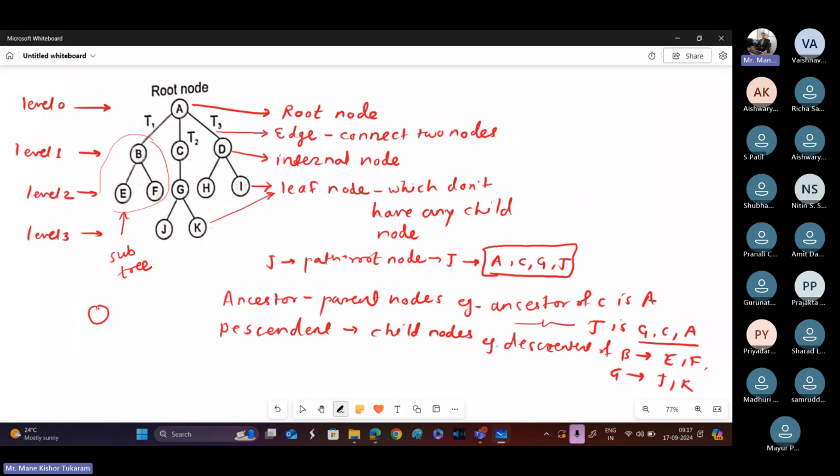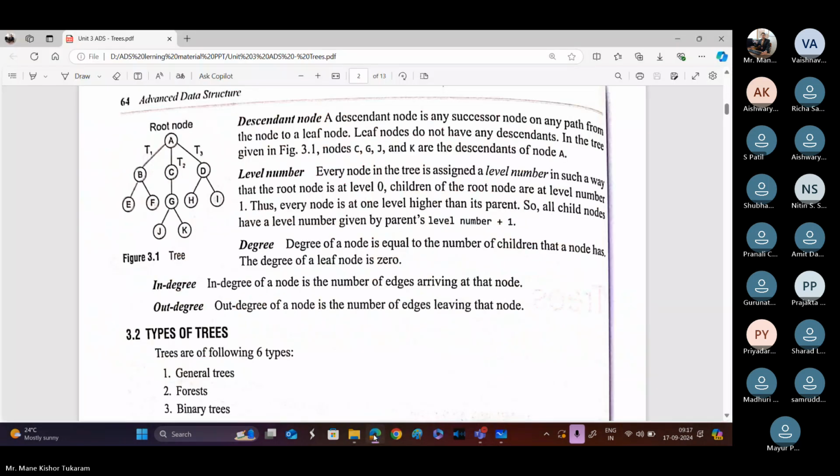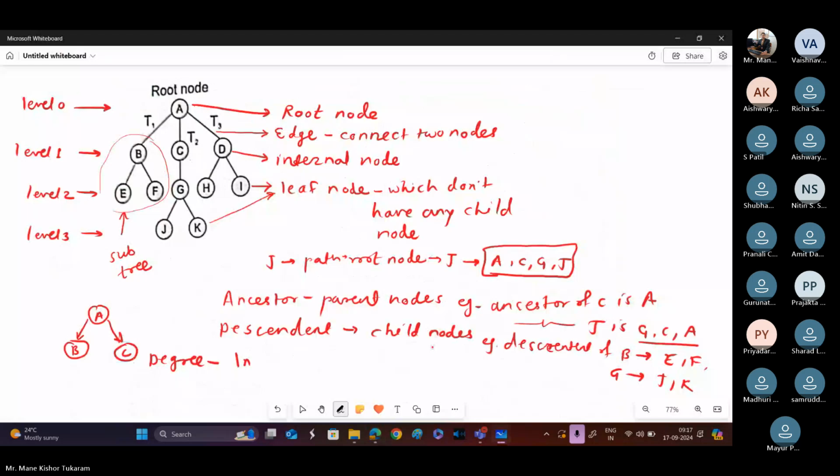For example, I draw one more simple structure with arrows, for example B and C. Degree means the nodes which are coming to that particular node and which are outgoing from that node. So there is in degree and out degree.